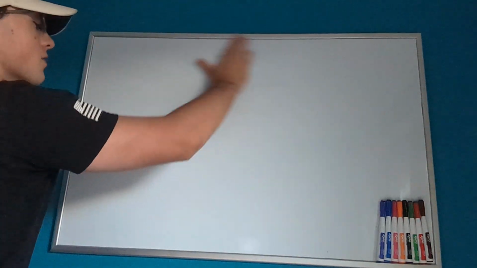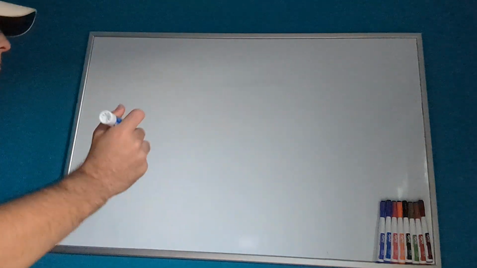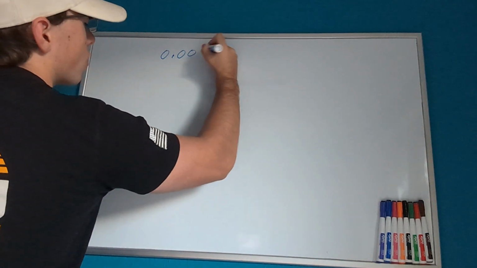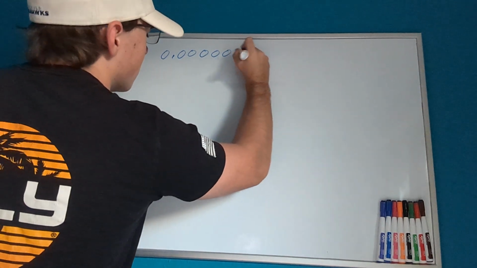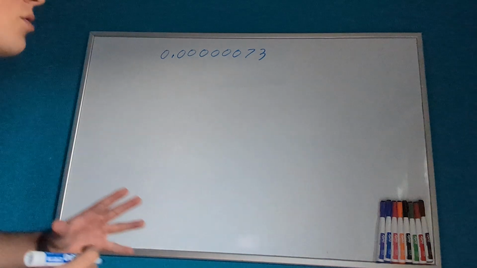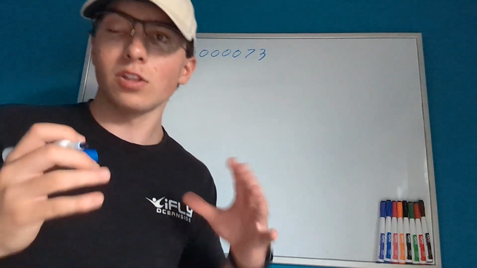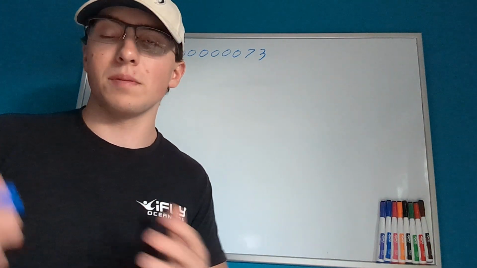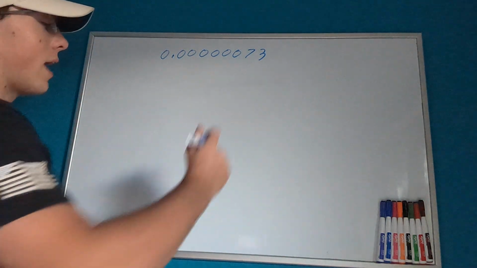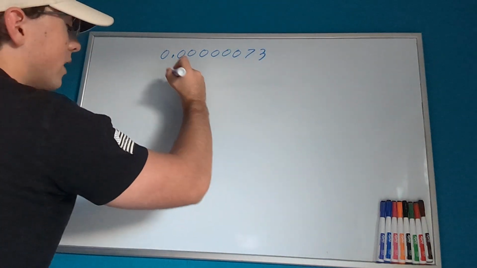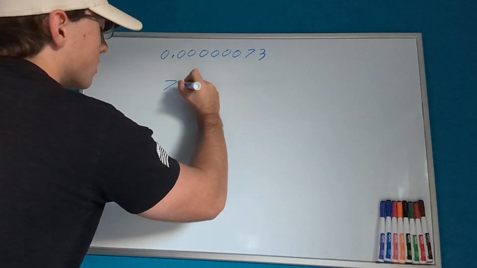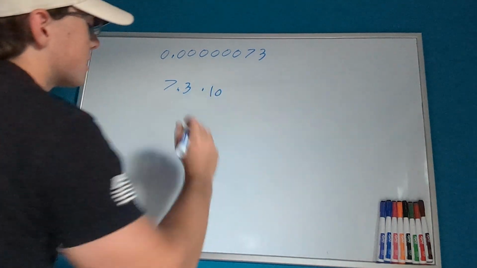Now, scientific notation can be used to rewrite really big numbers, but we can also use scientific notation to write really small numbers. So how do we do it this time? Well, once again, the rule applies where a must be between 1 and 10. And in our case, the a is going to be 7.3, times 10 to some power.